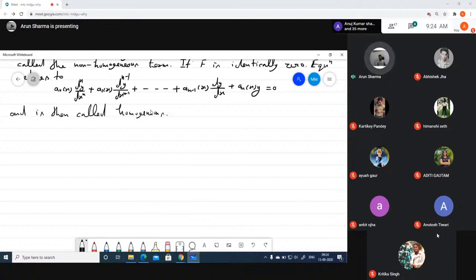But if it is not 0, if it is some function of x which is not identically 0, then it is called non-homogeneous.